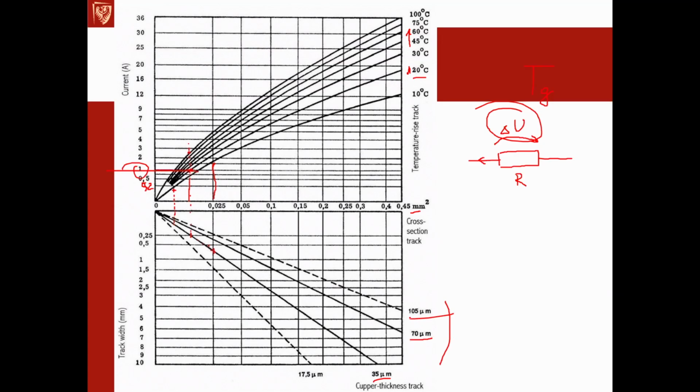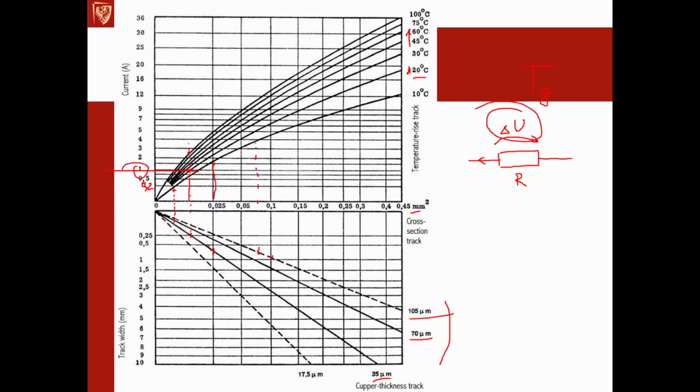At 105 microns, so very thick copper, using the 24 mils track, so 0.75 millimeters, instead of 1 amp we can convey almost 4 amps, with the temperature still rising less than 10 degrees.